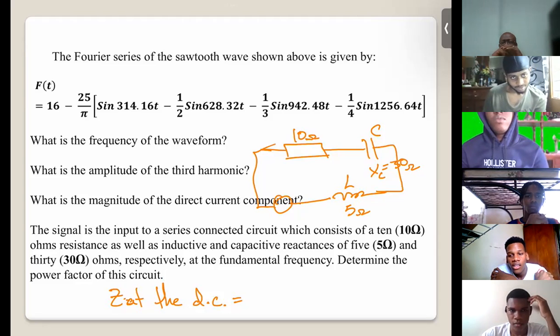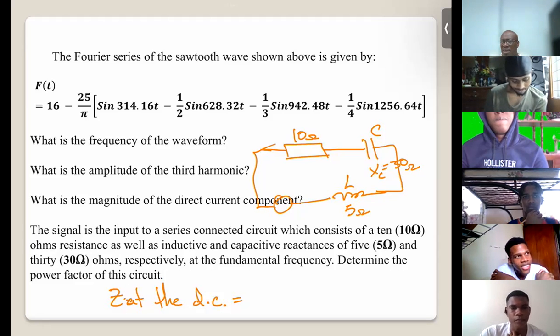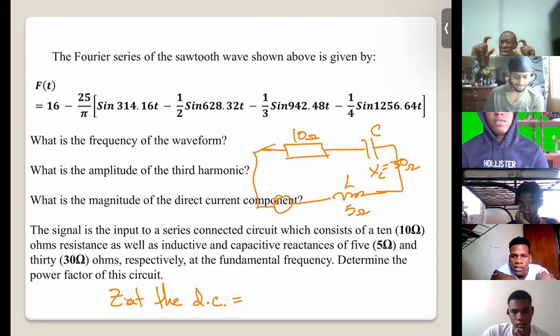So it equals what? 0. Beautiful. So I'm going to continue the reasoning. If I connect that DC to the circuit that we are looking at, with 0 frequency, what would Z be equal to?